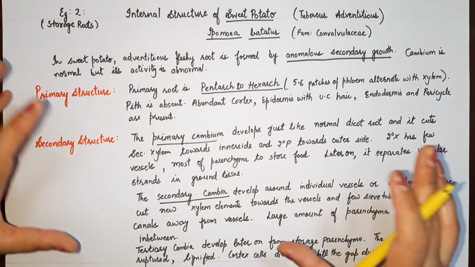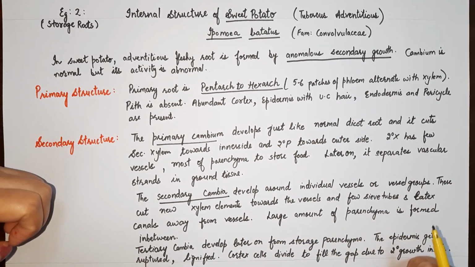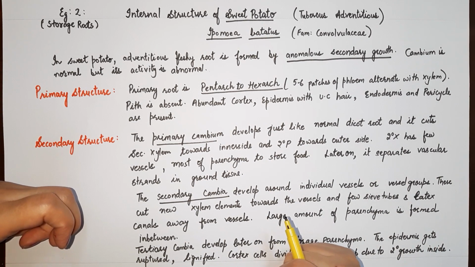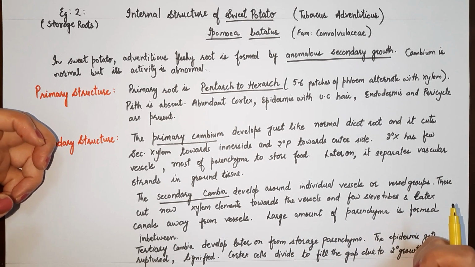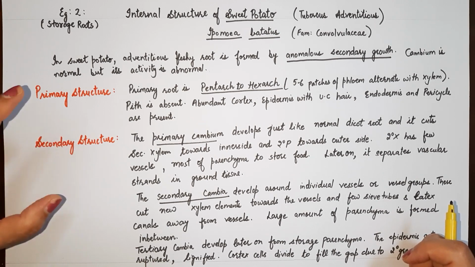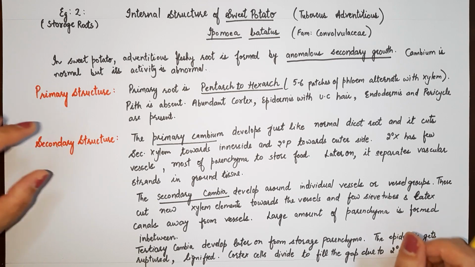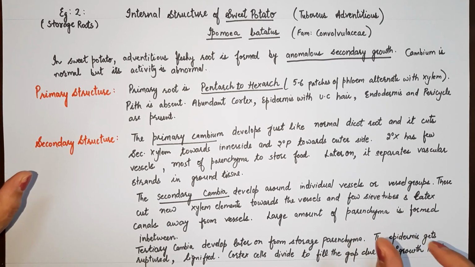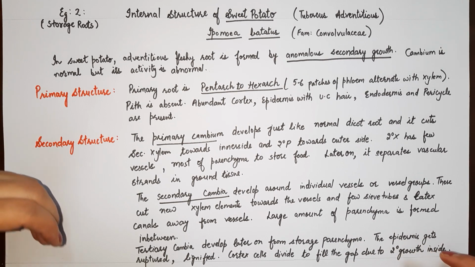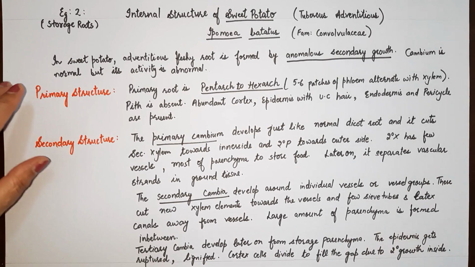So, they will start dividing in order to fill the gaps which are being created because of the increased diameter, because of the increased laying of secondary tissues in the center of the root. Okay. Now, the epidermis, that may either get sloughed off completely so that it is disintegrated, or it may get ruptured at few places and lignified. So, that is how the changes in the primary tissues take place because of secondary growth.